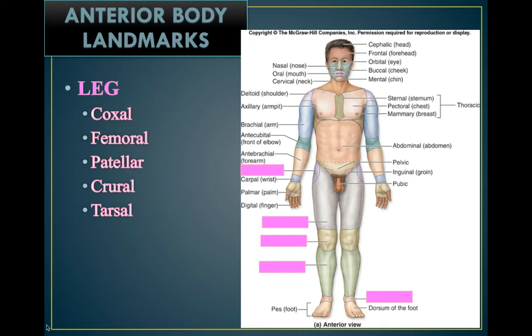Let's look at the leg. Scan these. I bet there are at least two that you know, perhaps patellar and femoral, if I were guessing. Coxal means hip. So the hip region is your coxal region. Femoral means your upper leg, from the knee up, your thigh.